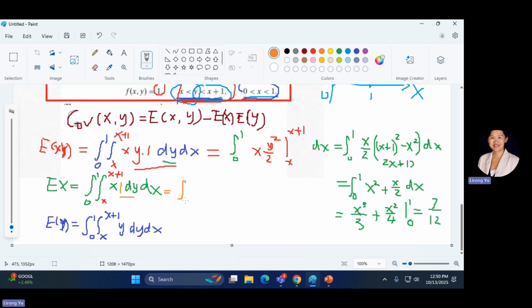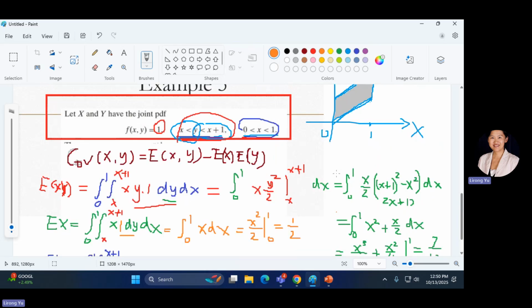So that would just be 0 to 1 of x times 1 dx. So the inner layer is what we have now. And then integrate this function; you have x squared over 2 as the antiderivative. We put in the integration limits 0 and 1. The final answer is 1/2.